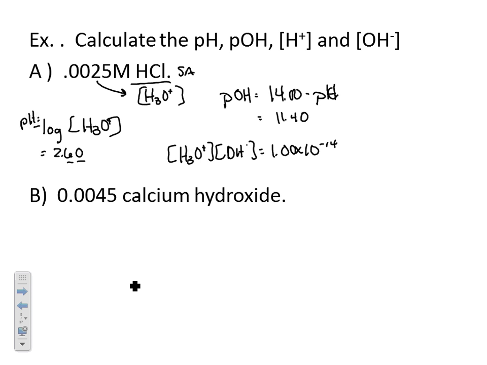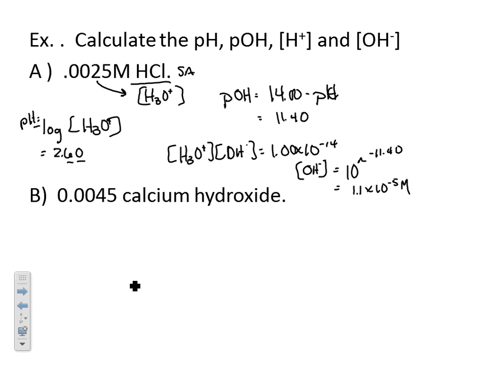I tend to use the exponential form, so I'll do 10 raised to the power of negative 11.40 to get the hydroxide concentration. Either way you choose, it's going to give you the correct answer. It might be off a little bit with significant digits. So we're looking at a concentration with 2 significant digits of 1.1 times 10 to the negative 5 molar.